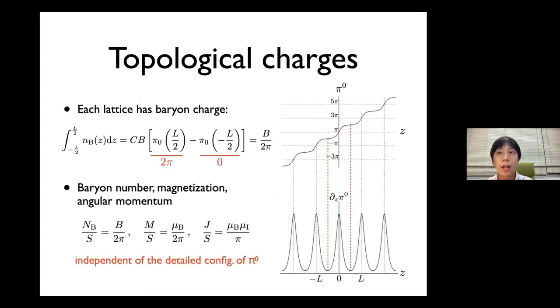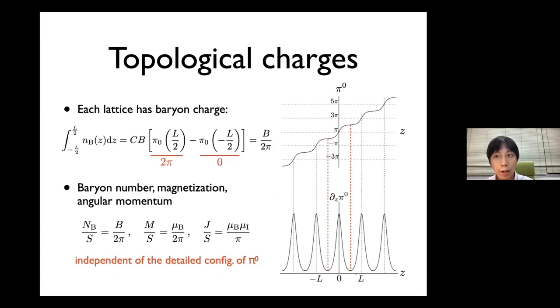If we perform the integration, then this gives the difference of the boundary values at plus half L and at minus half L. And we know these values, so they are just 2 pi and 0. And we also know the coefficient C is just the anomaly coefficient 1 over 4 pi squared, so that each lattice carries this baryon charge B over 2 pi.